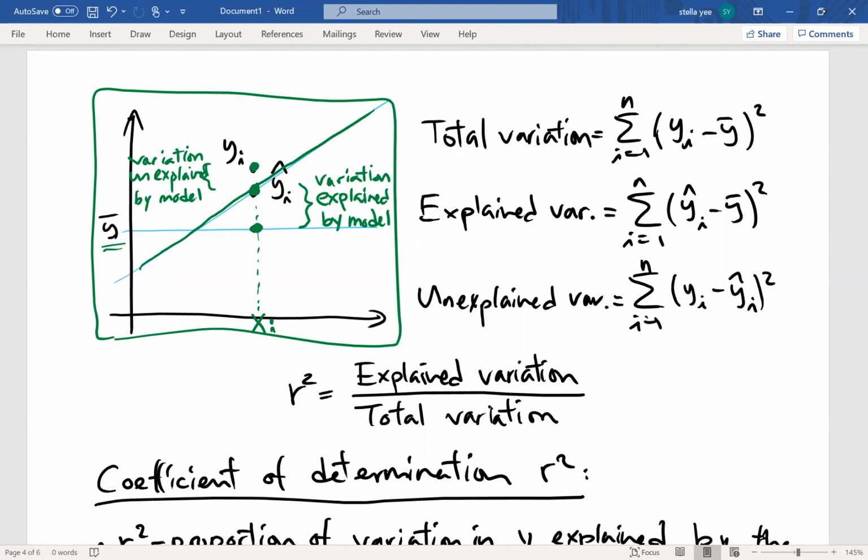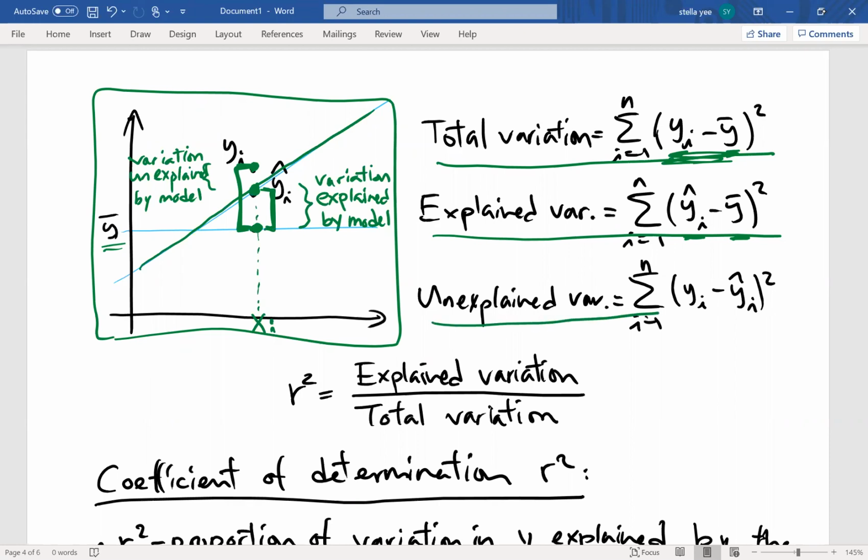So there are 3 different variations here. The total variation is the distance between the observed y value and y bar. That's the distance from here to here. The explained variation is from the line to the mean value. So that's the variation here. And the unexplained variation is the distance from the actually observed value to the approximated value.